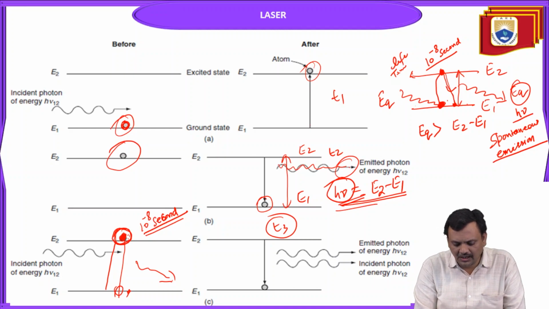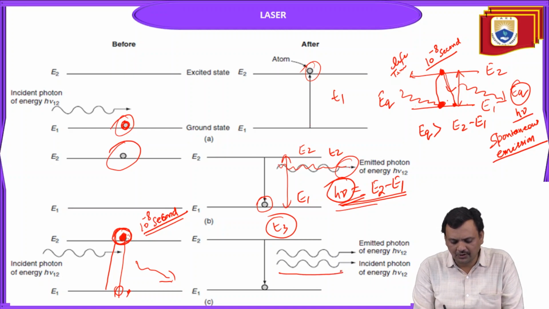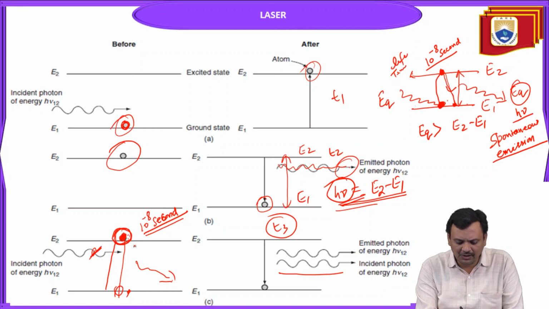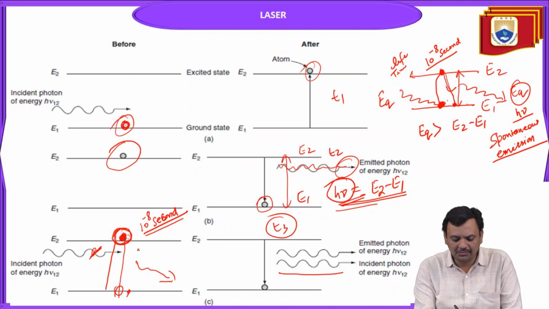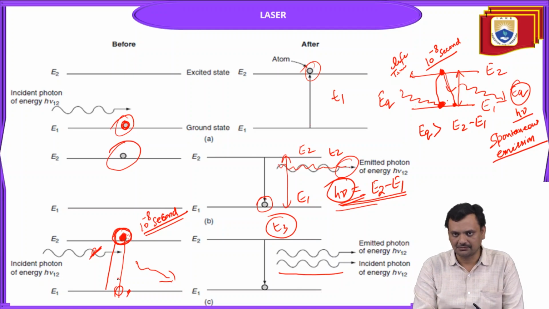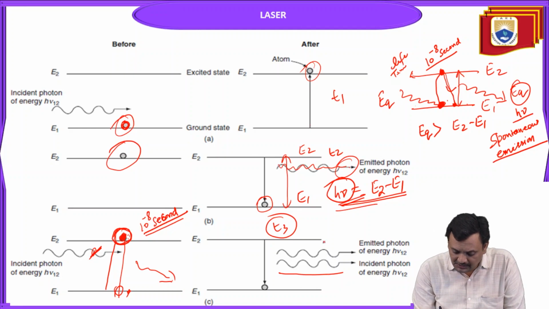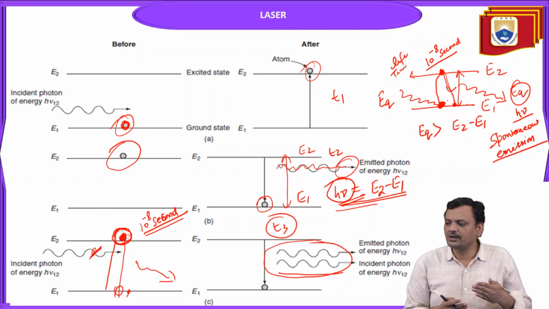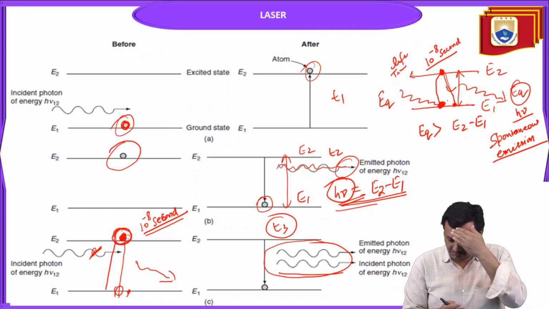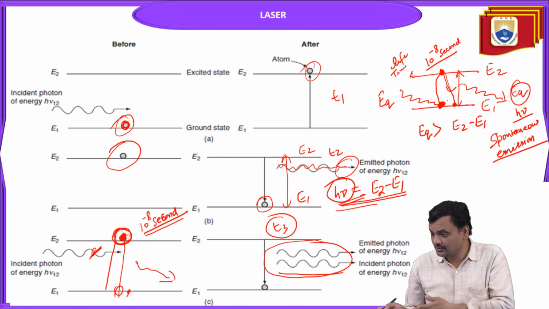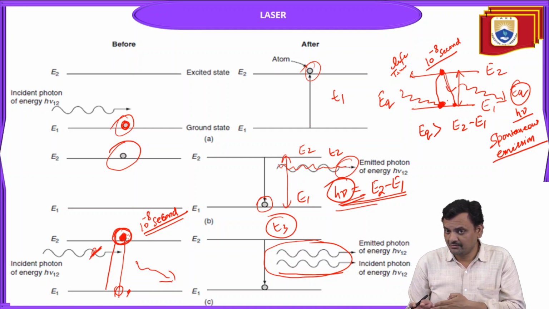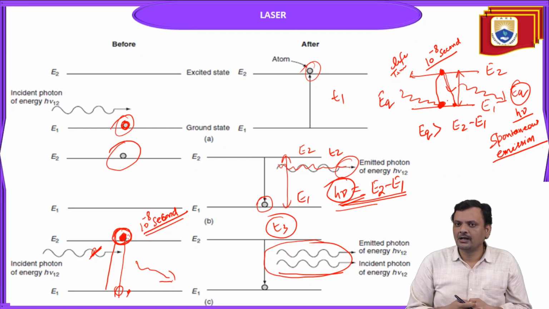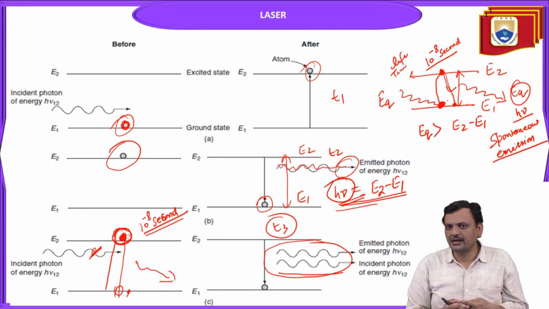So now this phenomenon will produce two photons. One is this stimulating photon and one photon is now available from this decay mechanism. So when the electron goes from its excited state to its ground state before the 10 to the power minus 8 seconds, such a thing happens by a kind of stimulated emission.